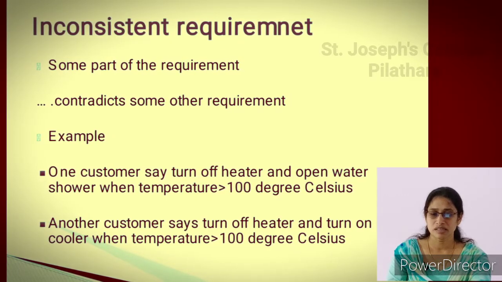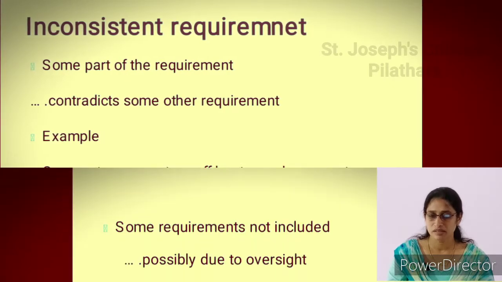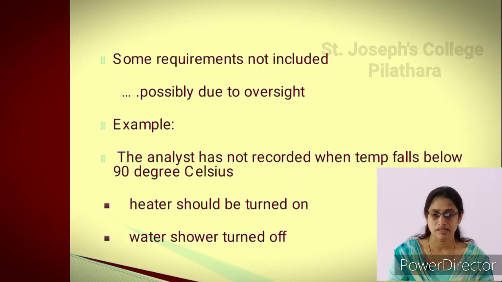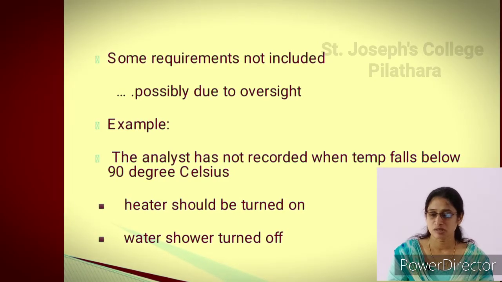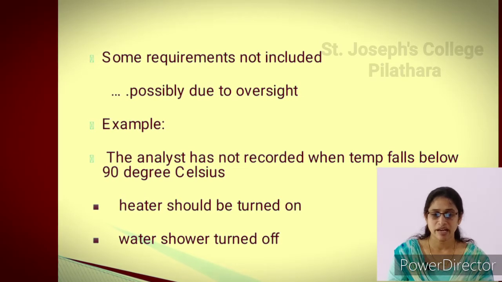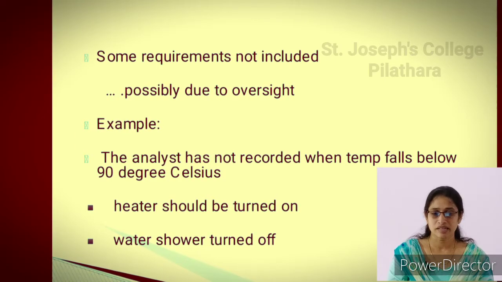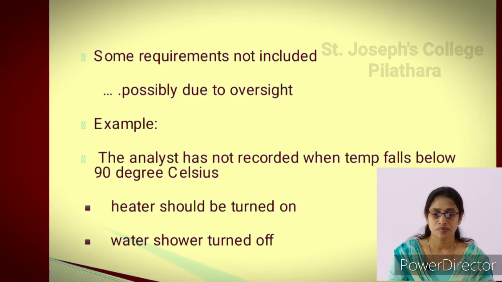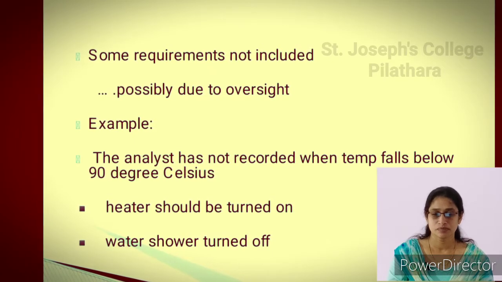Incomplete requirement is the third category of problems, where we need to identify all the incomplete requirements and eliminate them. Incomplete requirements are the requirements that a customer has forgotten. For example, the customer has not recorded what happens when the temperature falls below 90 degrees centigrade. They say when the temperature is greater than 100 degrees centigrade, do something.